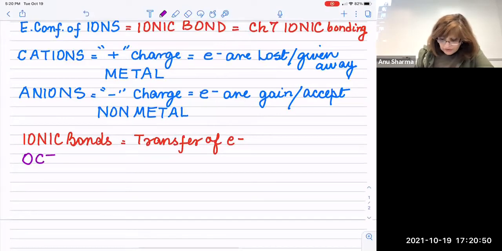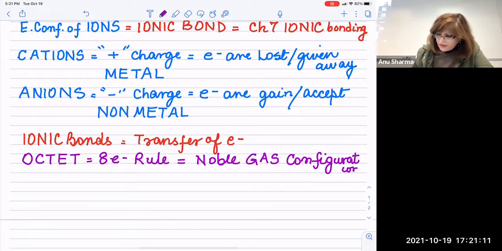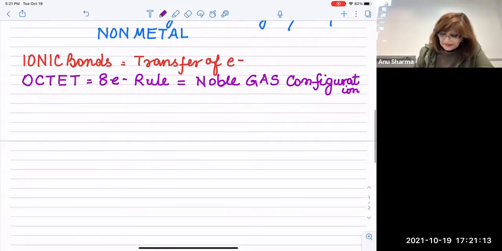Now octet rule is octet. Octet means 8. Okay, 8 electron rule. So the 8 electron rule applies to the noble gas configuration as well. Noble gas configuration. Now, except helium, because helium doesn't follow the octet rule. So the noble gas, all the noble gases except helium.